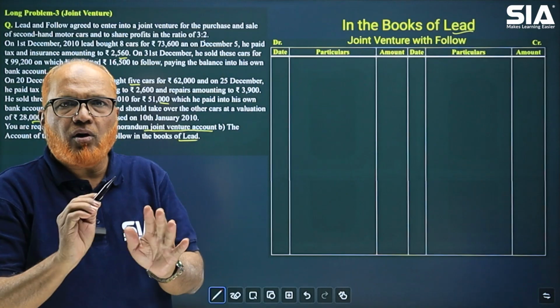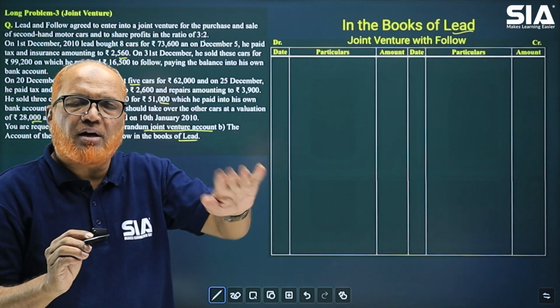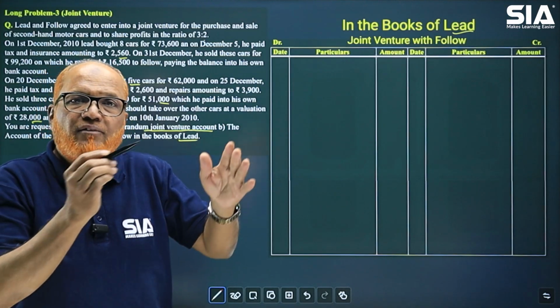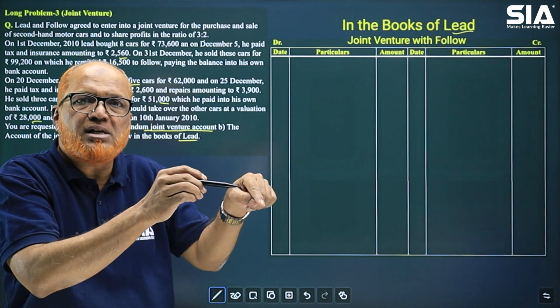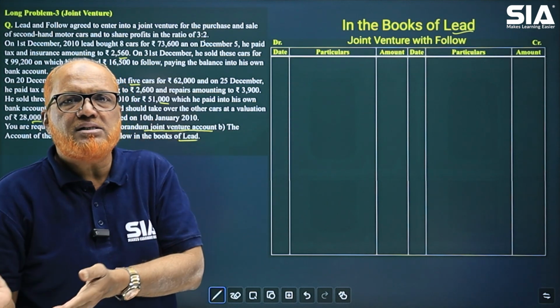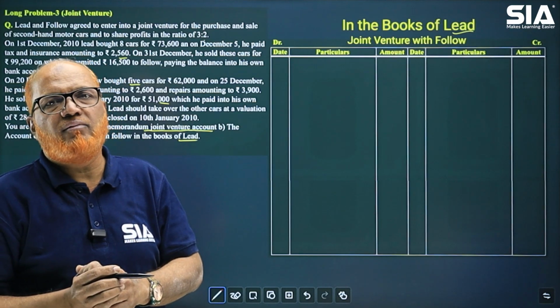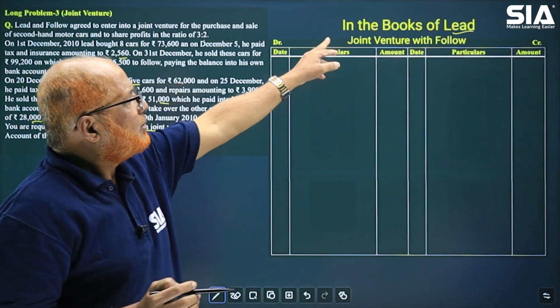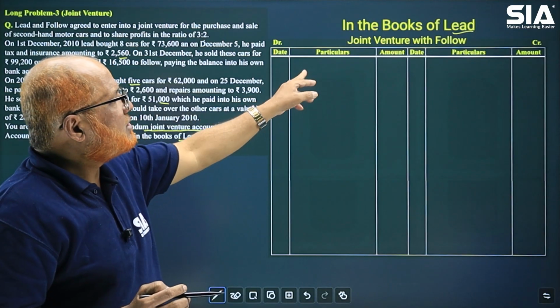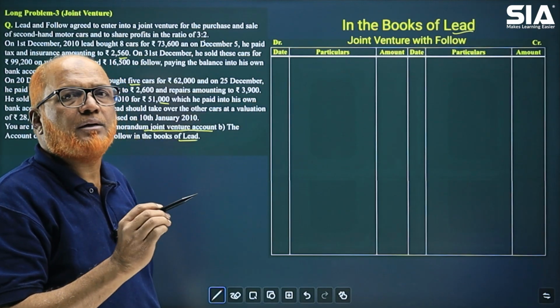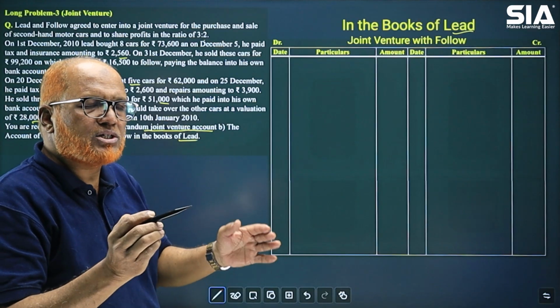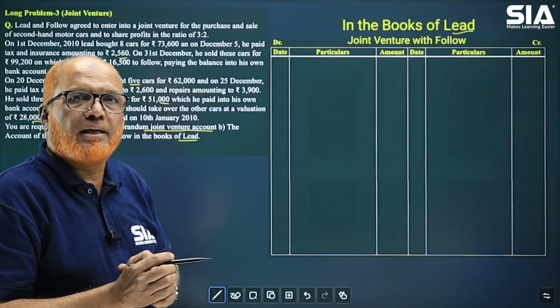He will not record any transactions which are conducted by follow. Similarly, follow will record his own transactions. He will not record the transactions conducted by lead. This is the method of memorandum revaluation. Now, in the books of lead, we'll see what are the transactions conducted by lead himself.